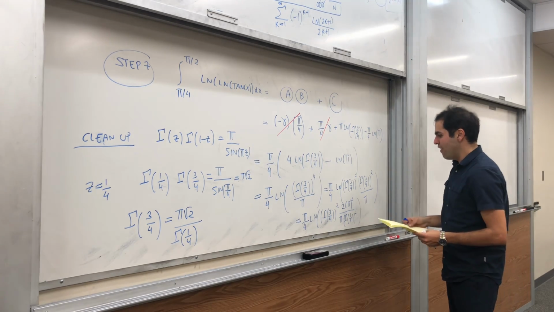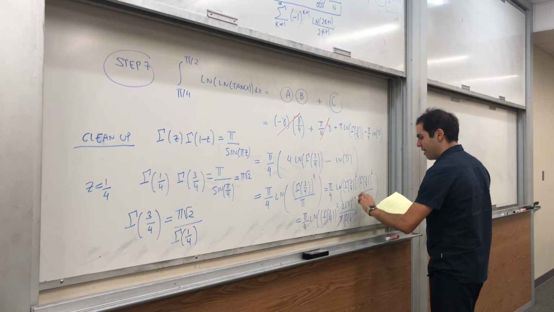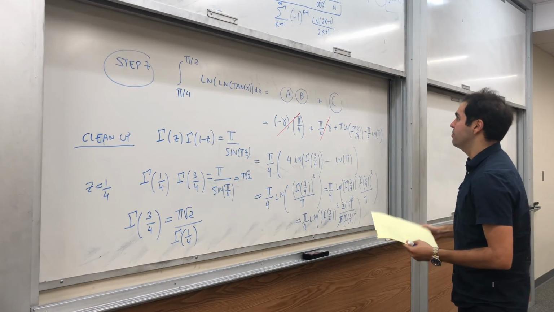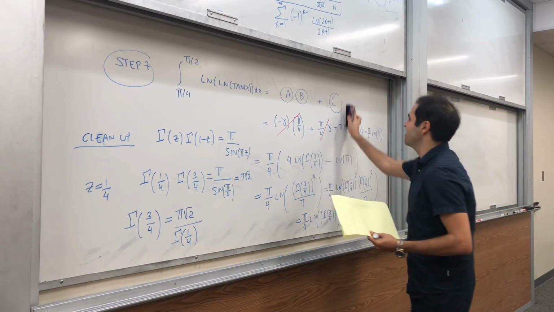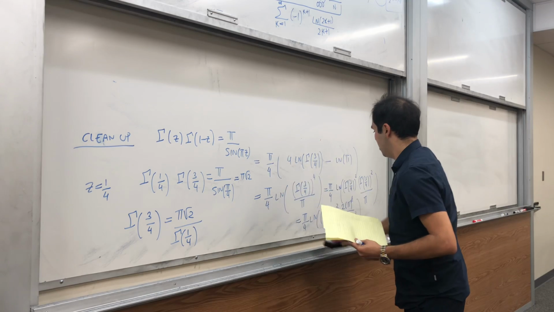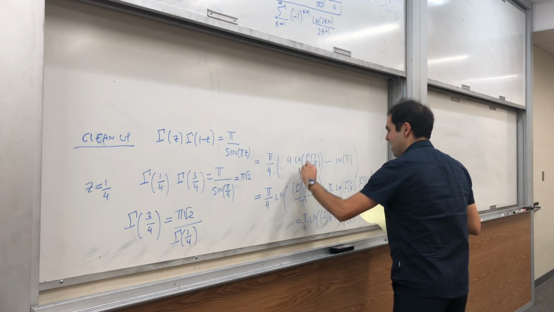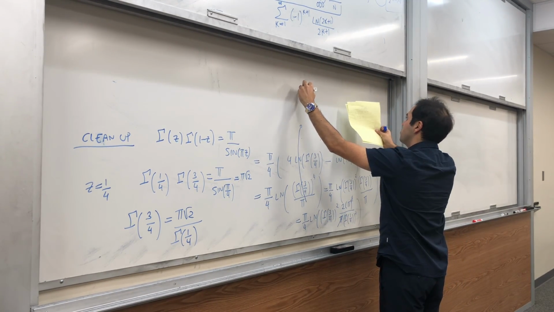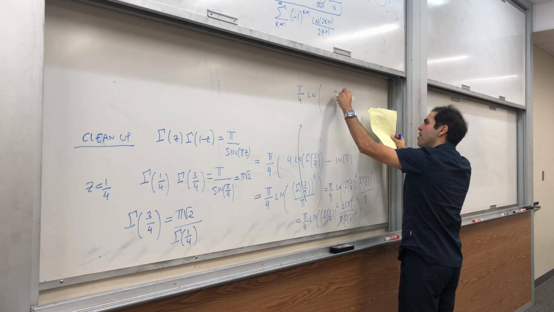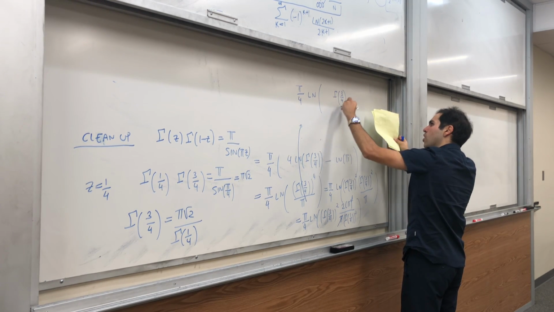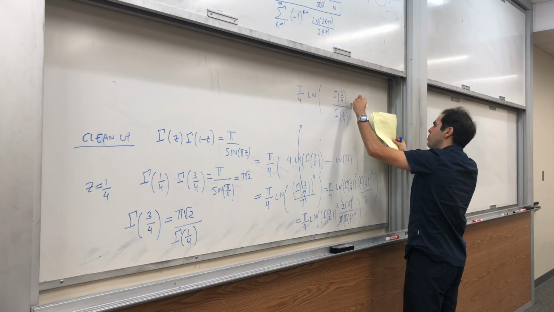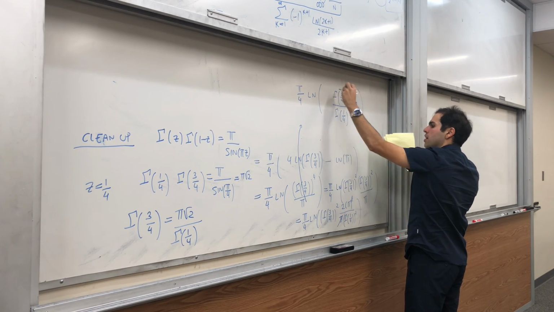And so one of the factors of pi disappears, so this pi cancels out with this pi. At the end, this whole gibberish becomes pi over 4 ln of gamma of 3/4 over gamma of 1/4, square root of 2 pi, squared.